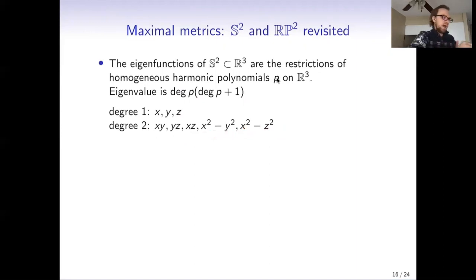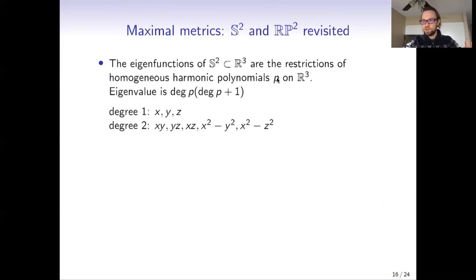All right, so the way to prove that is basically you can do the following. You can take those polynomials, you can write the Laplacian in the spherical coordinates, and check that when you pass to those spherical coordinates and compute the Laplacian, you can see that the fact that it's harmonic in R3 implies that these polynomials are, in fact, eigenfunctions on S2, right?